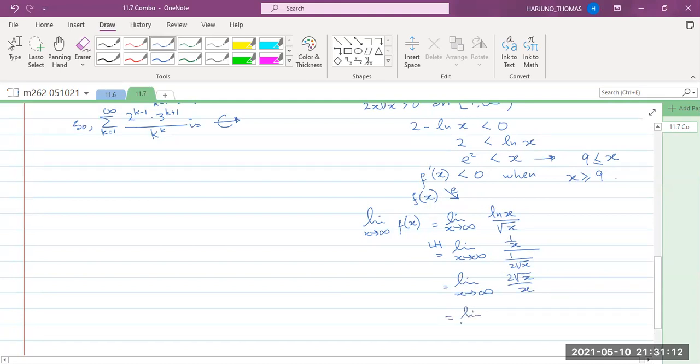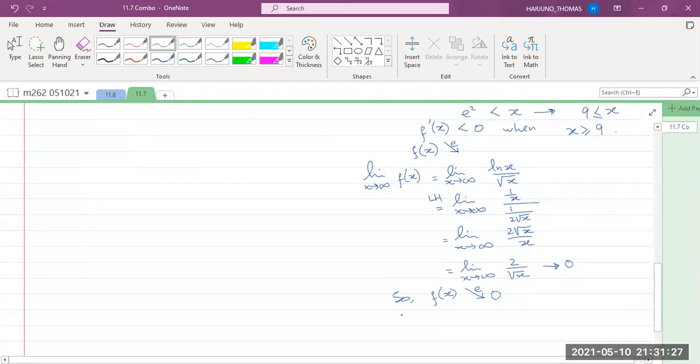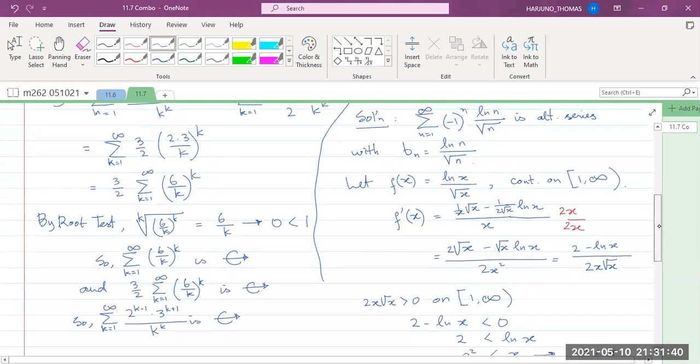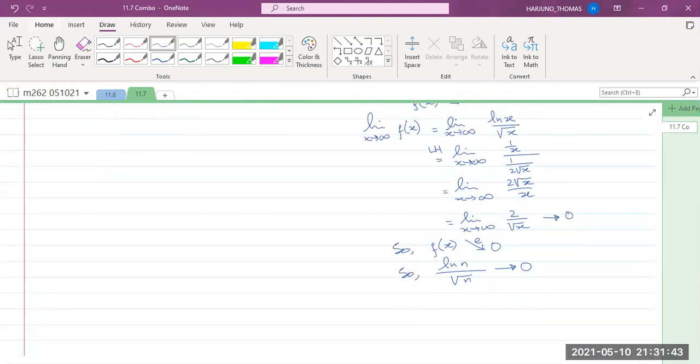Now don't do L'Hopital's rule again; you can just simplify that. This is 2 over radical x, which goes to 0. So the function f(x) is continuous and eventually decreasing down to 0. So the sequence natural log of n over square root of n is also convergent to 0. In fact, it is eventually decreasing down to 0.